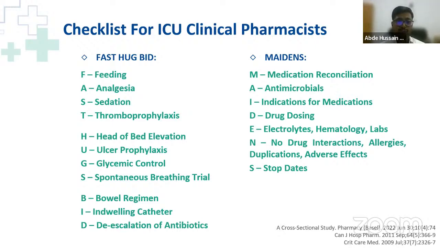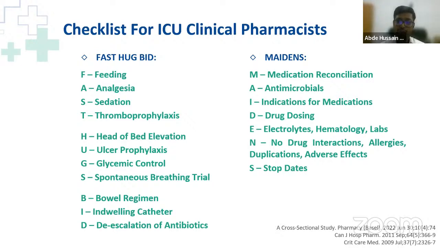This is the FAST HUG BID, where, while doing rounds, we can just tick everything off. Okay, feeding undertaken correctly, analgesia is going on, sedation, yes or no, is it still required? If no, we can discontinue. If there's a risk for thromboembolism, is the patient on thromboprophylaxis or not? Head of bed elevation is there. Also prophylaxis, whether pantoprazole or whatever other means for ulcer prophylaxis is going on or not.